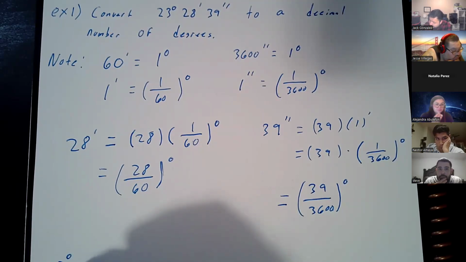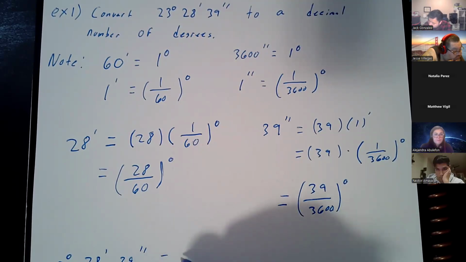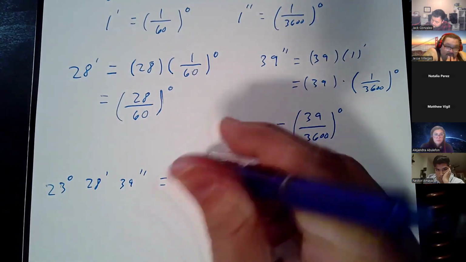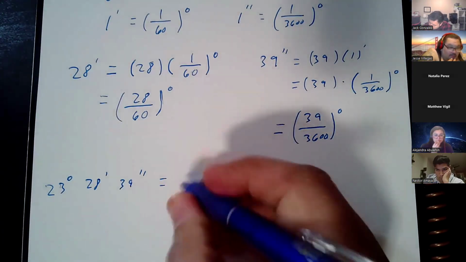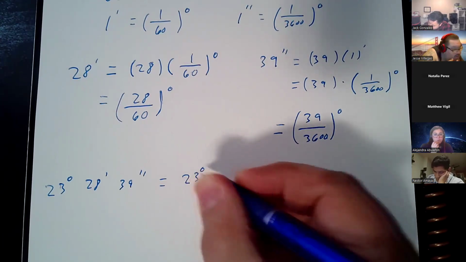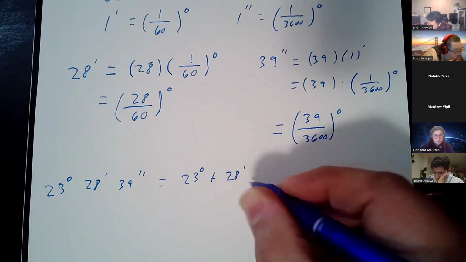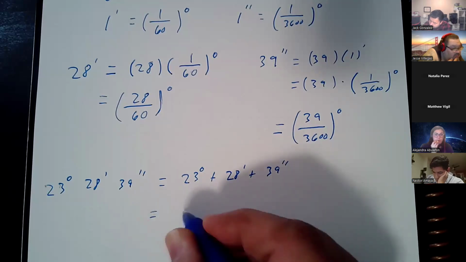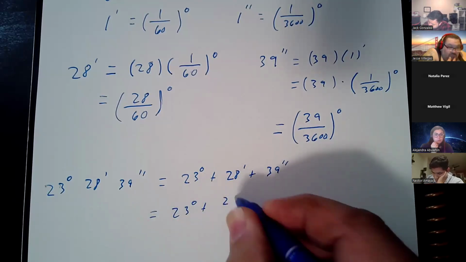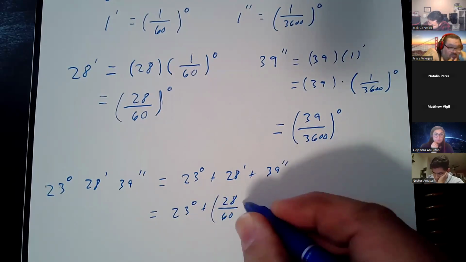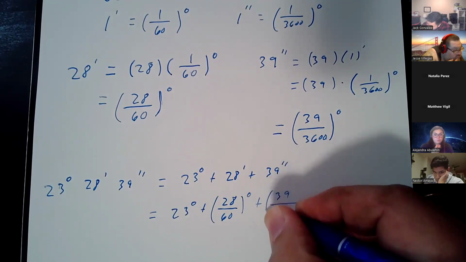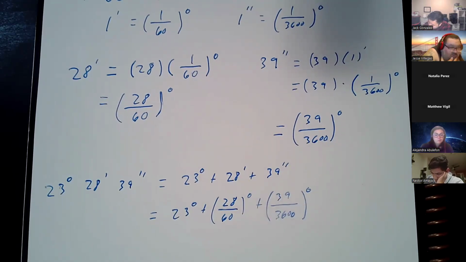So 23 degrees, 28 minutes, 39 seconds is the same as saying 23 degrees plus 28 minutes plus 39 seconds, which is now going to be 23 degrees plus 28 over 60 degrees plus 39 over 3600 degrees.